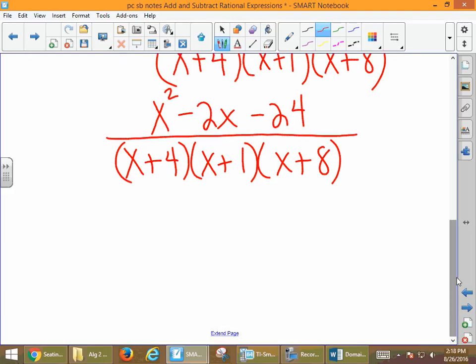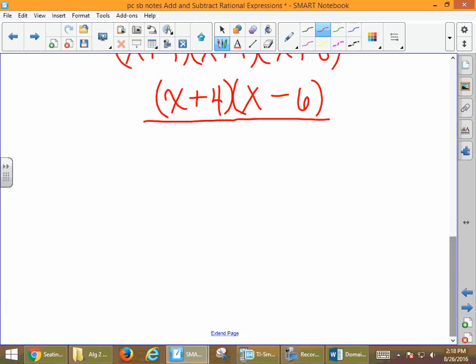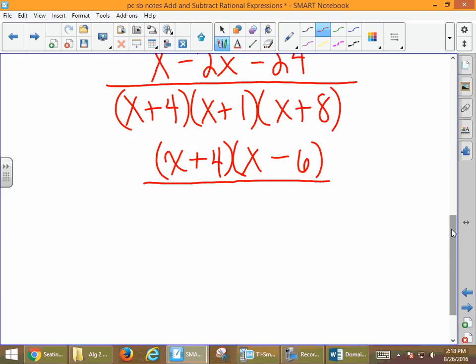So after all of that, we've got x and x. Factors of 24 that combine to be 2 are 4 and 6. And it's going to be negative 6 plus 4. And down here in our denominator, we still have that same denominator, x plus 4, x plus 1, x plus 8.